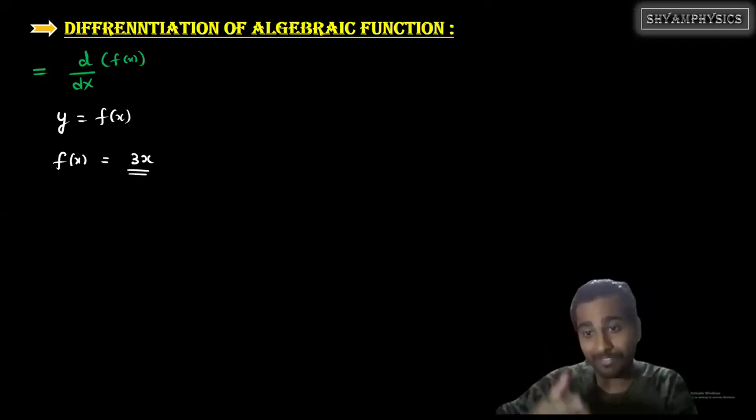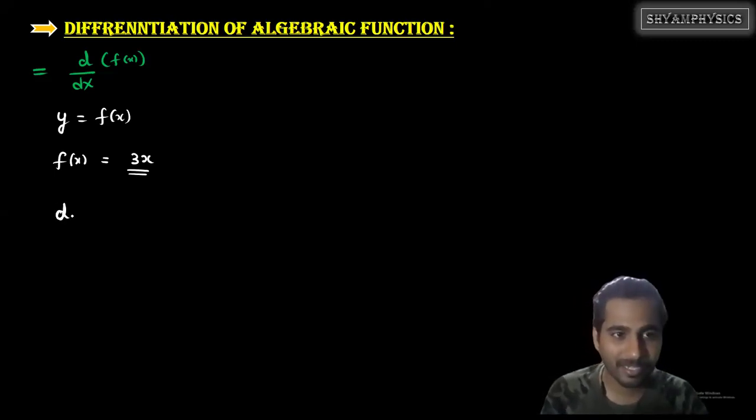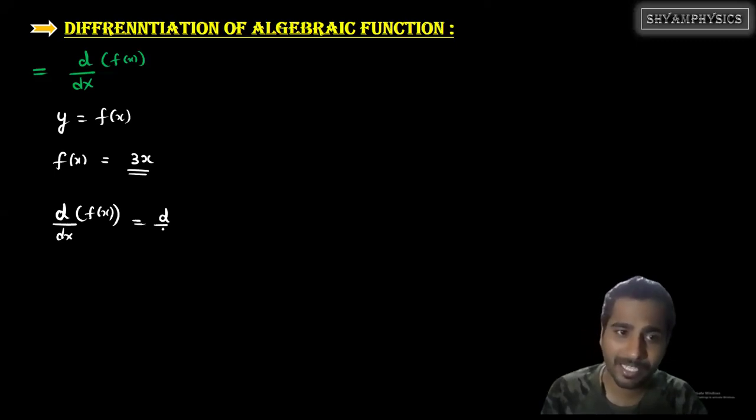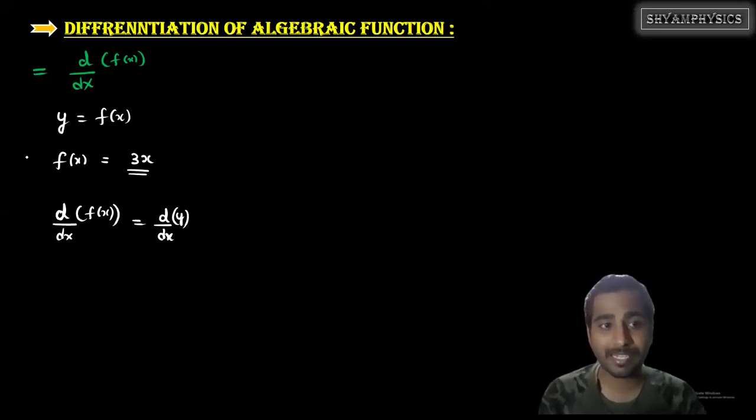Standard format is d by dx of the function of x, or else we can write this as d by dx of y. Correct now? Now, what is y? Y given is 3x. Simple.